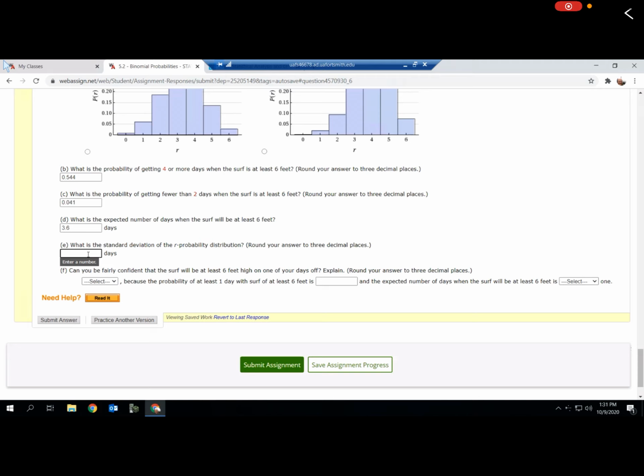That is the square root of 6 times 0.60 times 0.40. I get 1.2.